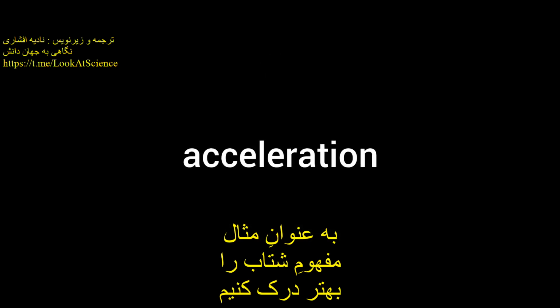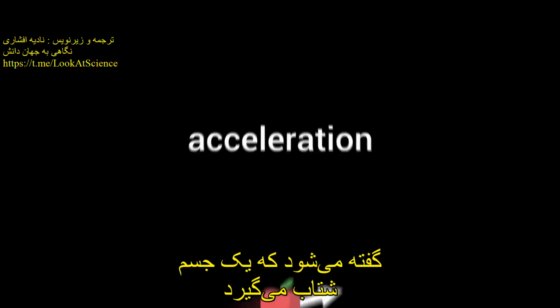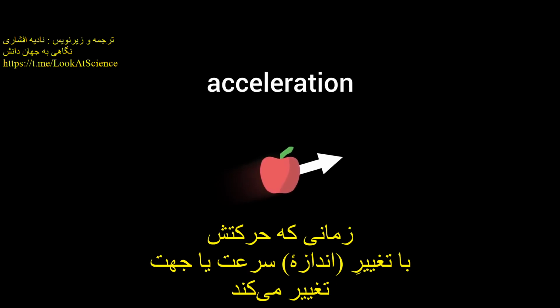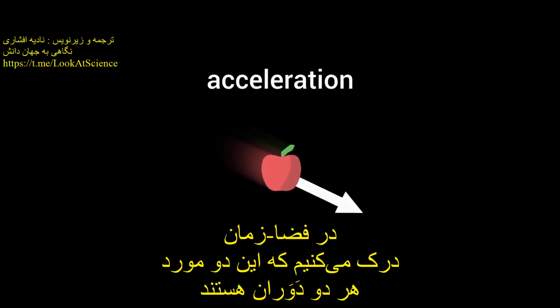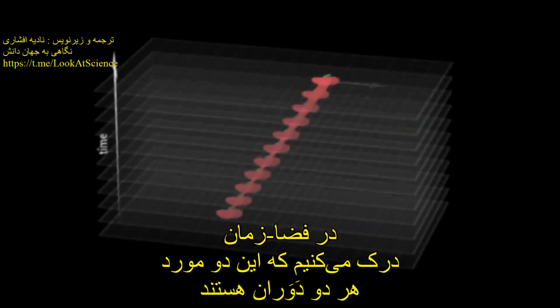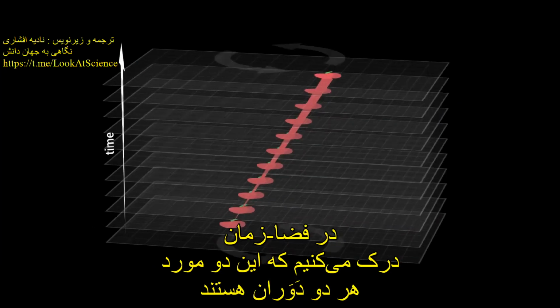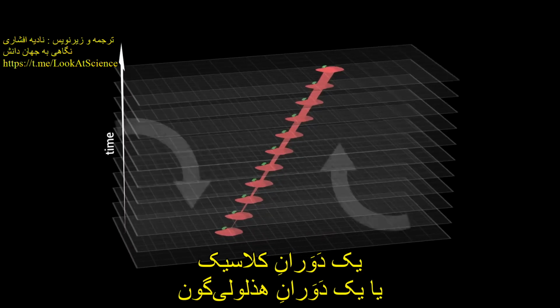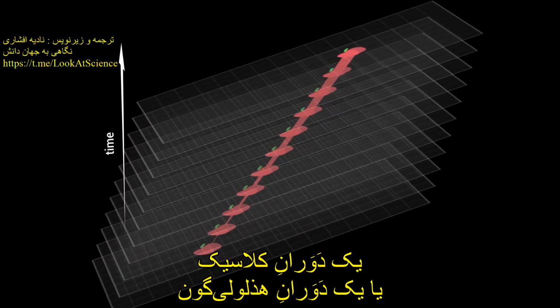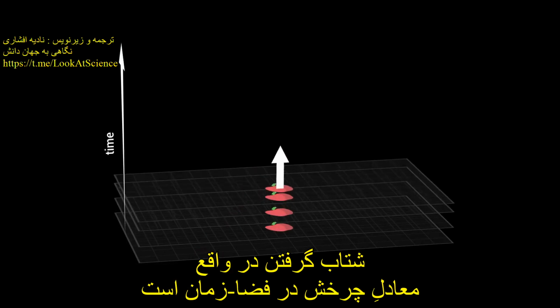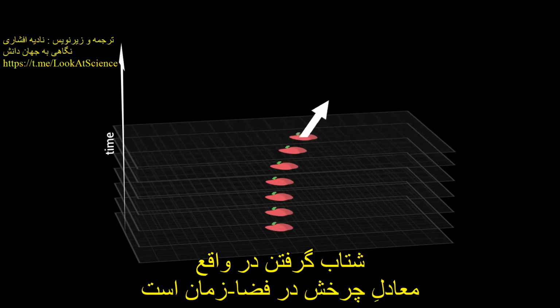Spacetime allows us to better understand the notion of acceleration, for instance. An object is said to accelerate when its motion is altered by changing either speed or direction. In spacetime, we understand that these two cases are both rotations, a classical rotation or a hyperbolic rotation. Accelerating actually amounts to turning within spacetime.